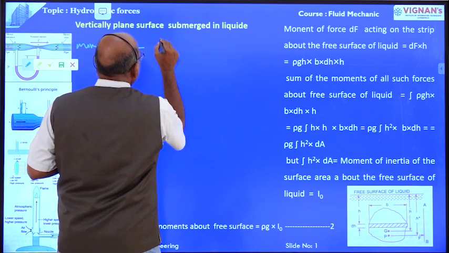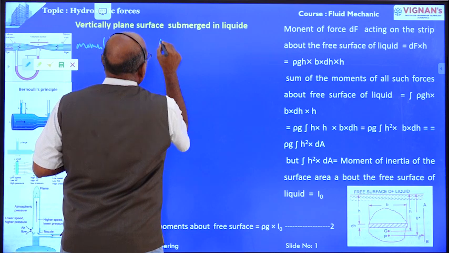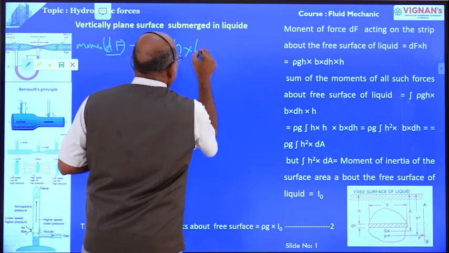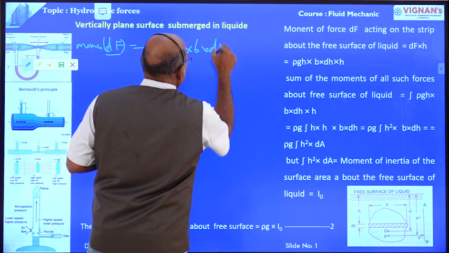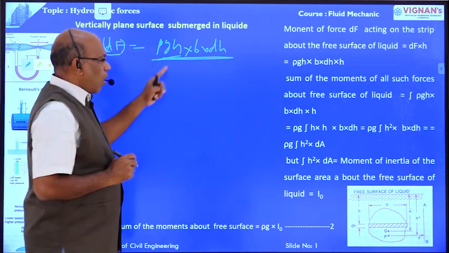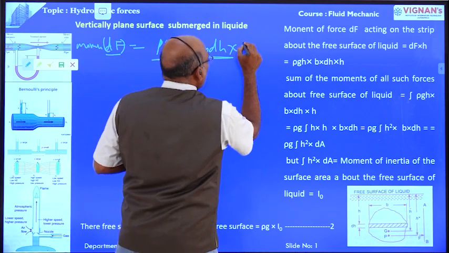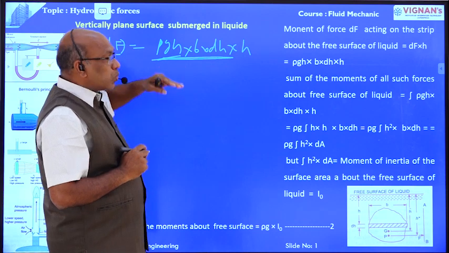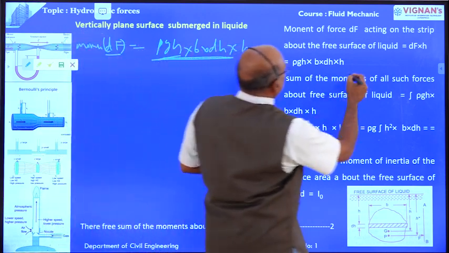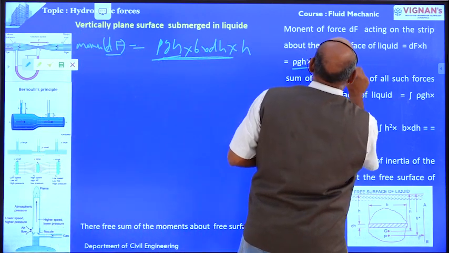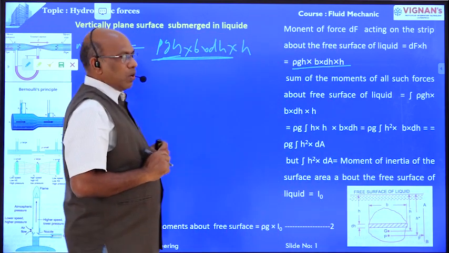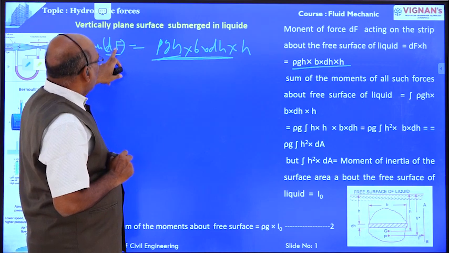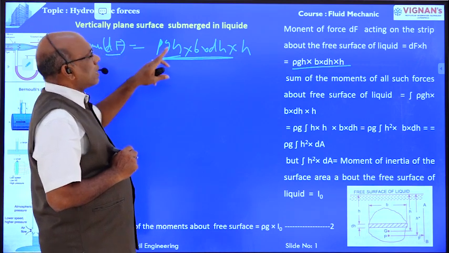The pressure intensity is rho G H, into area B dH. This is the force on the small strip. Moment means into H, that is the distance between the strip and the free surface. This is rho G H into B dH into H. Okay, this is the moment of force dF acting on the strip.